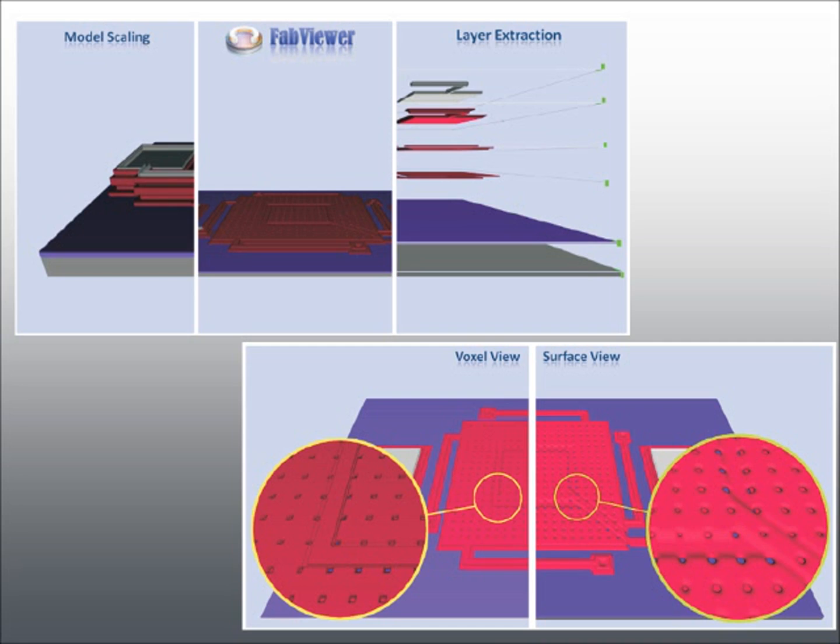Within this tool, you can also look at cross sections from any direction, and you can watch the process flow. You can watch the simulation directly while you're looking at a cross section, which can definitely be a good method for debugging your flow.